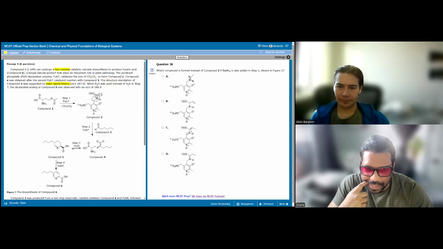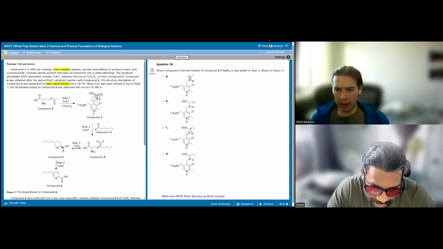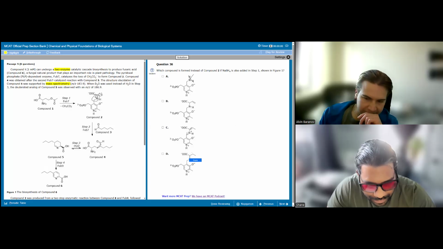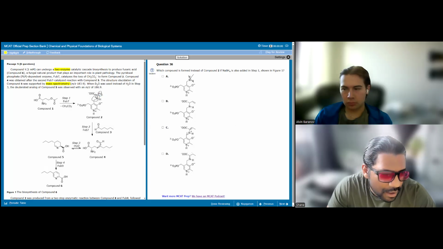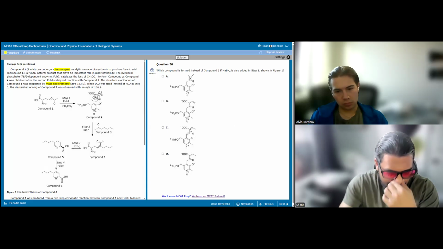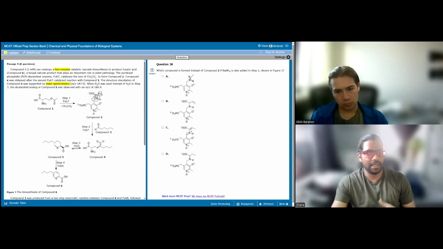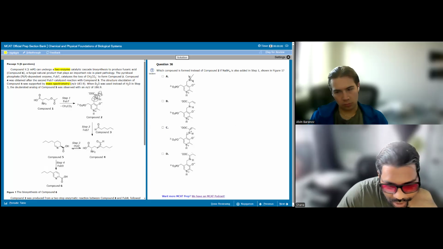But I would think that a reducing agent... Okay, so I see a couple of things change for D. For C, I see just that this double bond went there, and this double bond went here. Everything else seems to be the same, and that could be possible because of resonance, but we want to see what would produce an actual change.